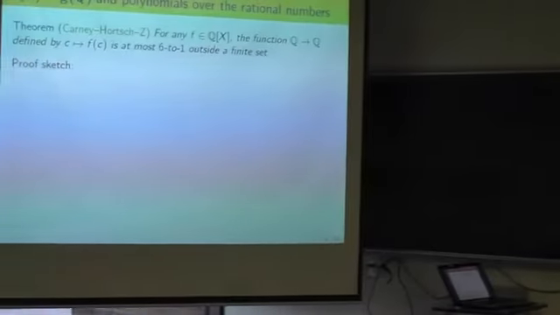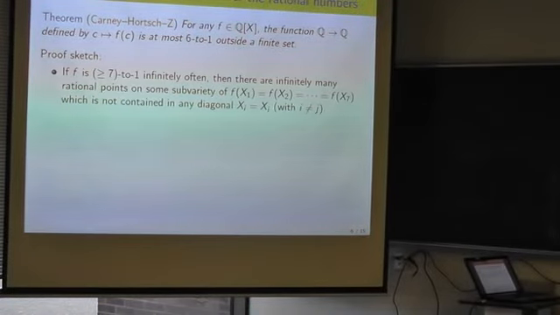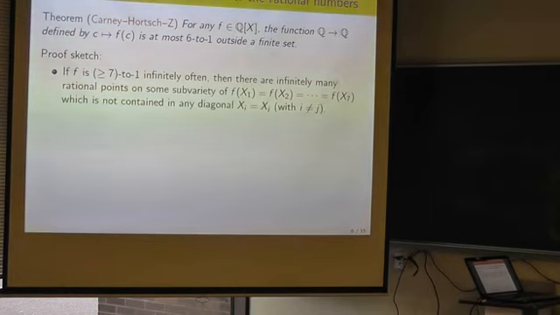So, great. Okay, so how do we prove this? Well, we relate it to functional equations. Suppose you have a polynomial that's at least 7 to 1 infinitely often. Then you look at f of x1 equals f of x2 up to f of x7. This is some variety. It has finitely many components.